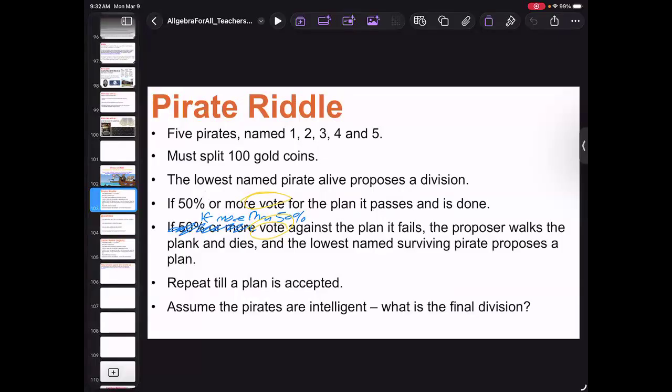And then just to remind us where we were, we talked last time about what does it mean to vote, and that's why vote has been circled. And so the way they're going to vote is they will discuss, and then there will be a call to question, and then everybody will write on a piece of paper, yes or no. And everybody amazingly has the same handwriting. And they'll be put in a basket, and then they will be pulled out, so you will not know which pirate voted for which.